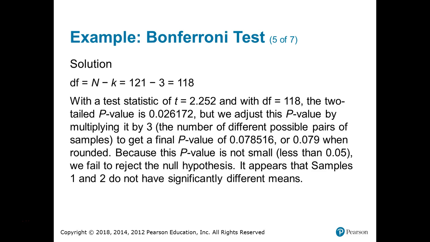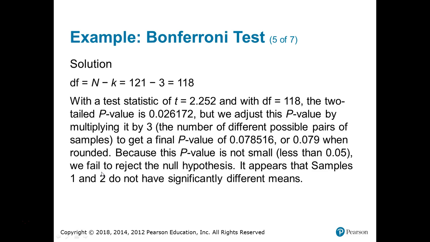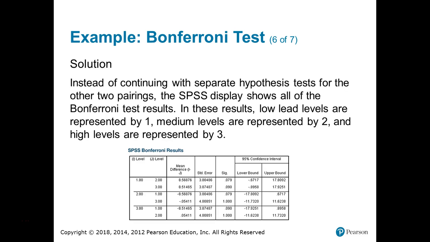Remember, we had these 3 different pairs over here, to get a final p-value of 0.0785, or basically 0.079 when rounded. Because this p-value is not small, less than 0.05, we fail to reject the null hypothesis. So it appears that samples 1 and 2 do not have significantly different means.